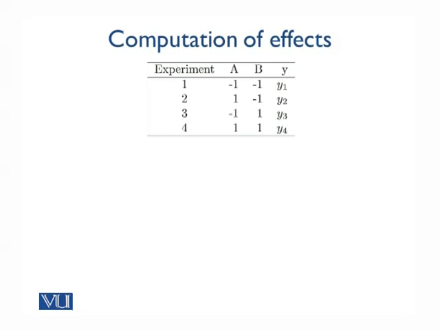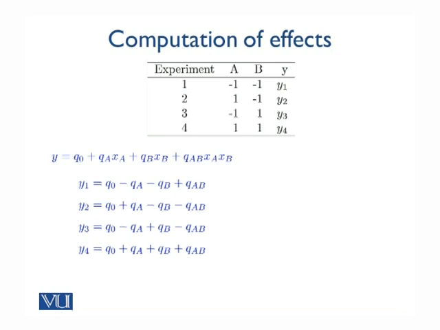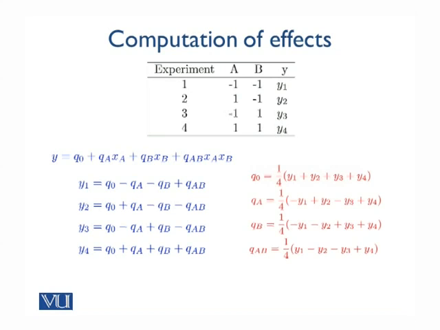If a simpler method exists, you can rewrite the equations and through some algebra produce equations that are shown on the right hand side of your slide. Now you have 4 equations in which you have a simple expression of what Q naught is, what QA is, what the effect of factor QB is, what the effect of interaction AB, QAB, is.